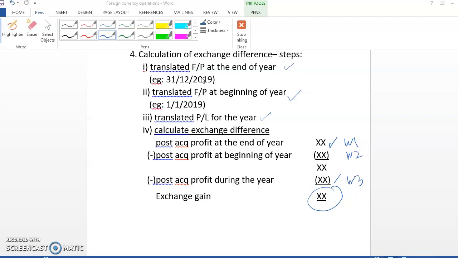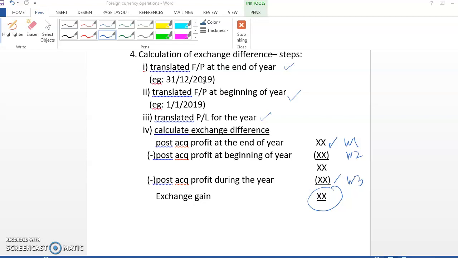The 1st January is the date of acquisition, therefore all profit will be pre-profit. Since there is no post profit, we do not need to calculate step number 2.